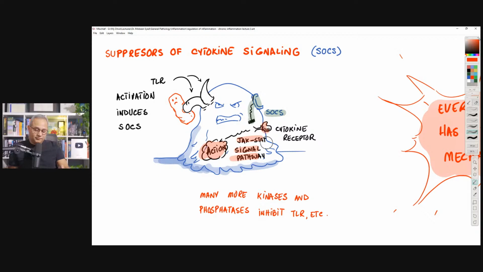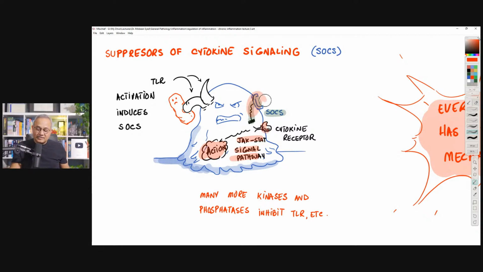Sometimes, as I showed you a few minutes ago, my own released cytokines will act on me to either amplify my function or to suppress my function, like we saw with interleukin 10. So the cells have cytokine receptors on them. Those cytokine receptors are used to become activated.